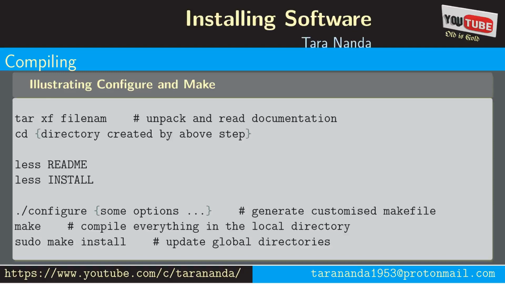Dot means the current directory, which in our case is sources. Dot slash means look in the current directory for the file named configure. So that's a script which will be run.